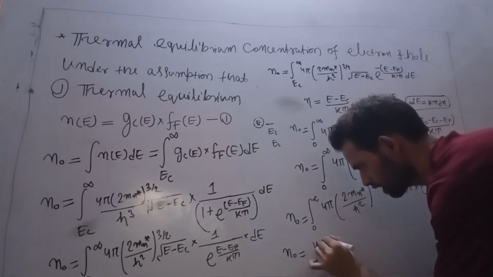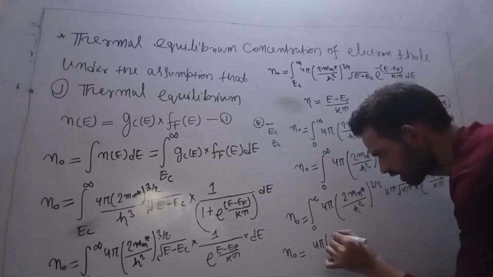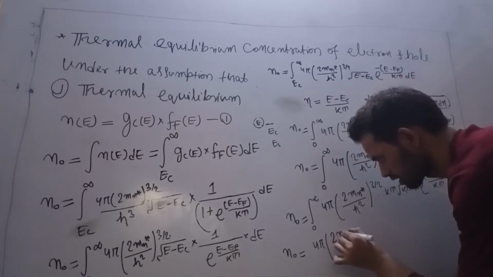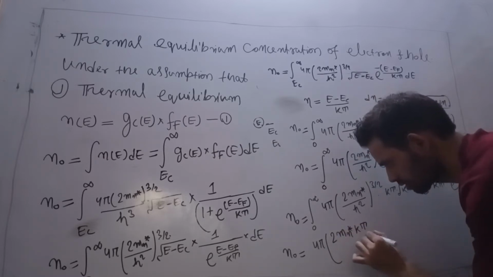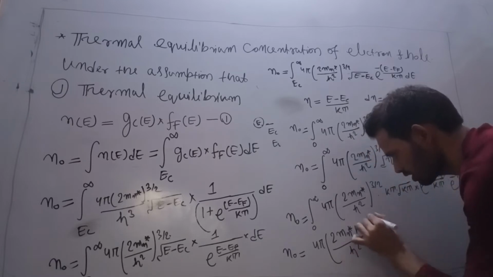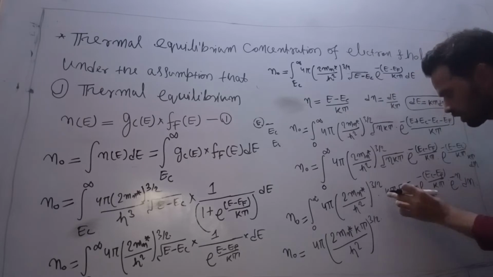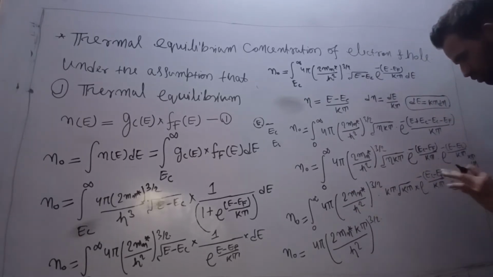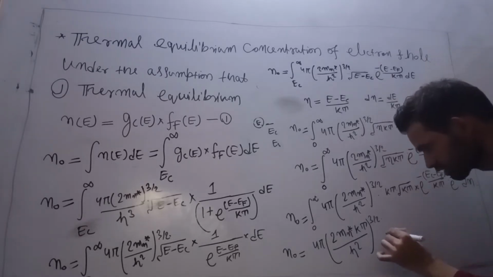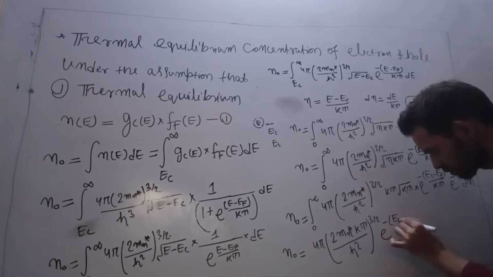That will come 4 pi into, kt into root kt is nothing but kt to the power 3 by 2. Take this inside, that is 2mn star kt divided by h square, to the power 3 by 2. Now we have taken this factor inside, because its power is also 3 by 2. Also this is constant, so e to the power ec minus ef by kt.